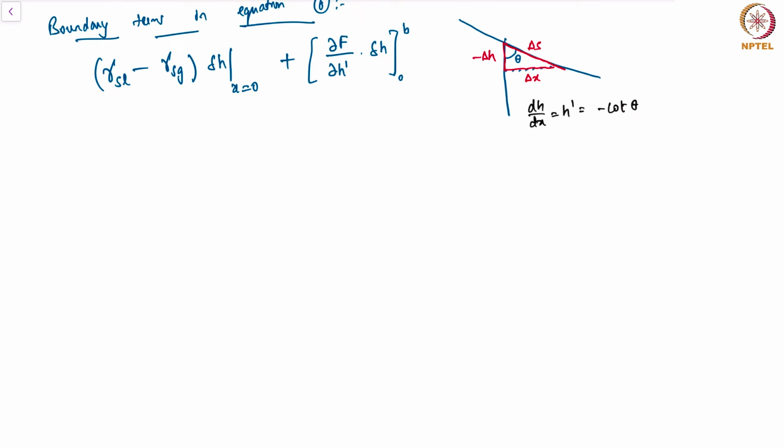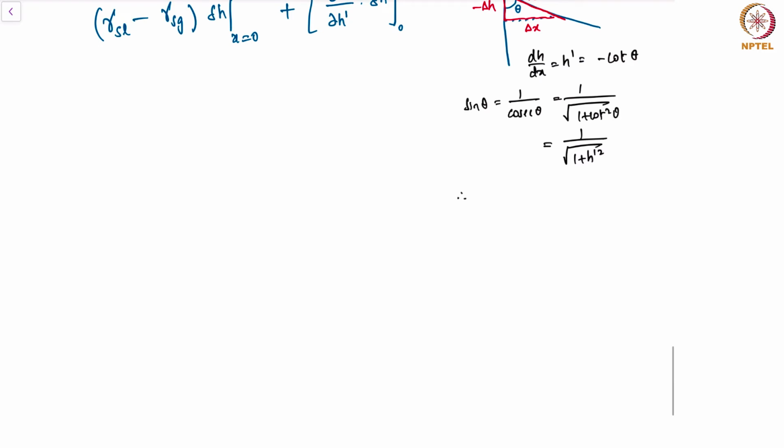I also know that sine theta is 1 by cosecant theta, that is 1 by square root of 1 plus cot square theta, which is 1 by square root of 1 plus h prime square.